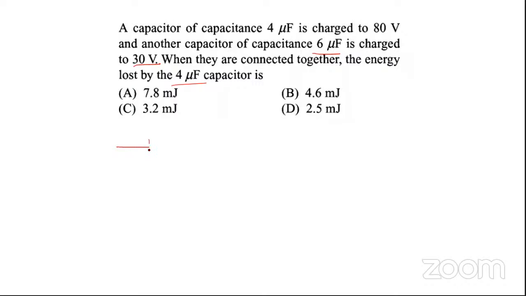Suppose these are the capacitors which we have connected. This is 4 and this is 6. Then we have connected the positives to each other and negatives to each other. Then you have to find out the energy lost by just this one capacitor.